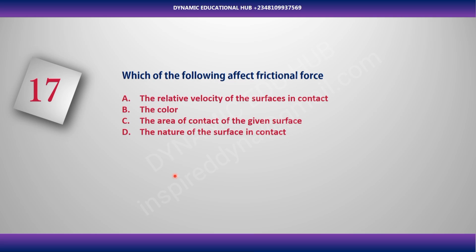According to the law of solid friction, frictional force does not depend on the area of contact of the given surface. It doesn't depend on color. It doesn't depend on the relative velocity of the surfaces in contact. It only depends on the nature of the surface in contact, either smooth, rough, wet, dry, lubricated, non-lubricated. That is what determines the frictional force between surfaces in contact. So D is the answer.